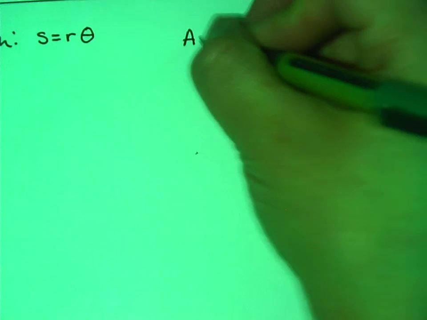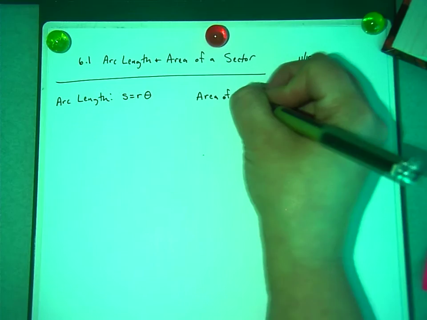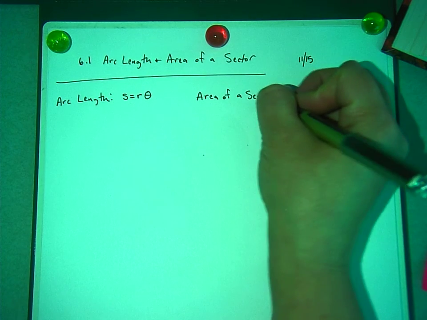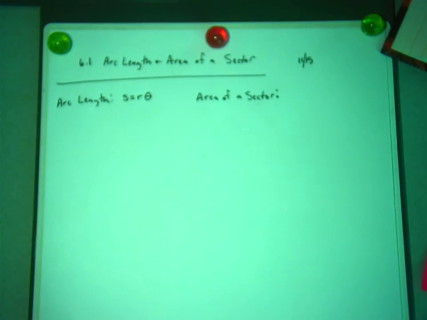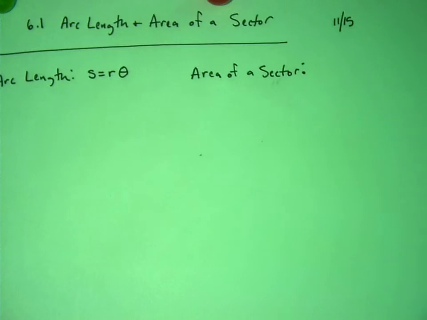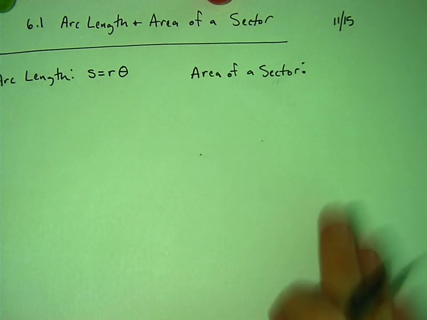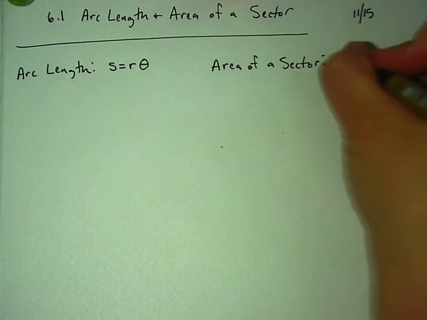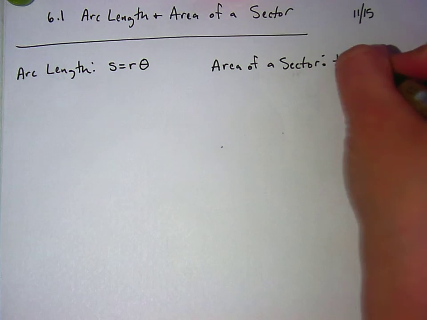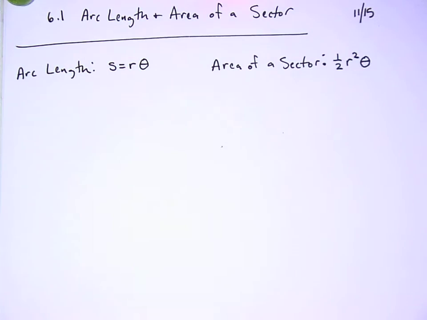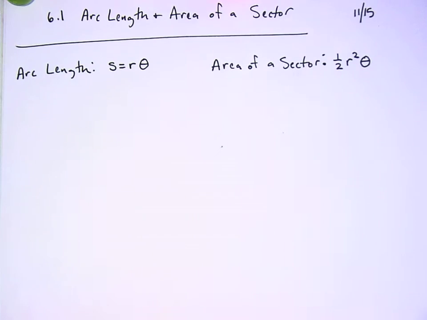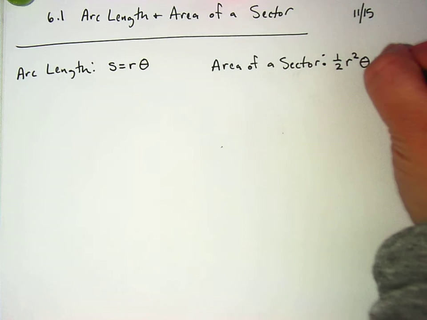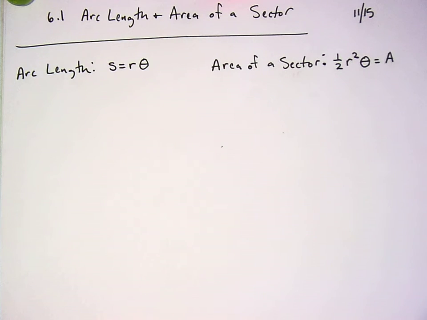And the area of a sector is 1/2 r squared theta. And that equals area. Okay.